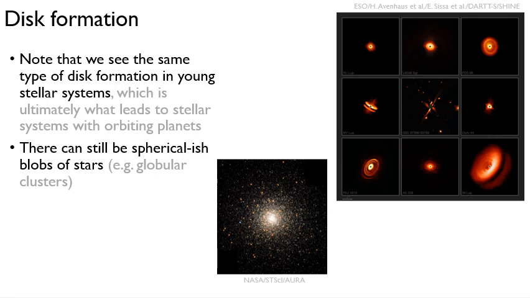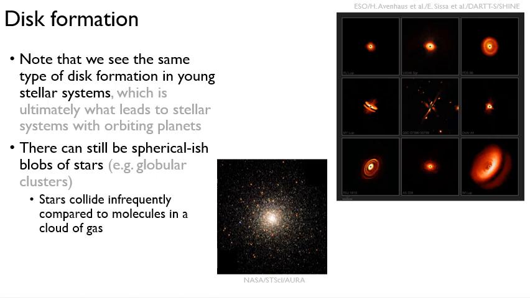Now, to be clear, there can still be sort of spherical clumps of stars out there. There are these things called globular clusters that we'll talk more about in a moment. This is a conglomeration of stars in a sort of spherical thing, maybe more at the center. This can still happen, and the reason is that stars don't collide very frequently.